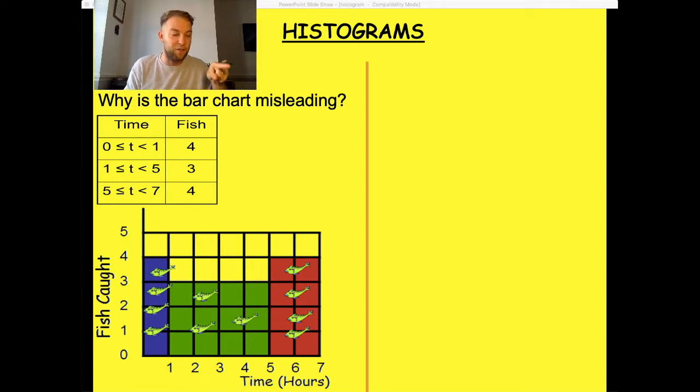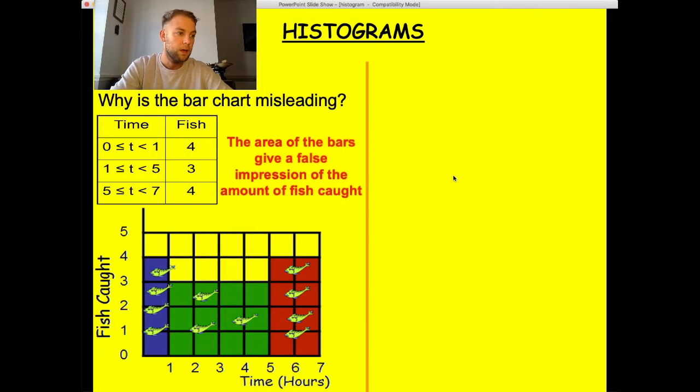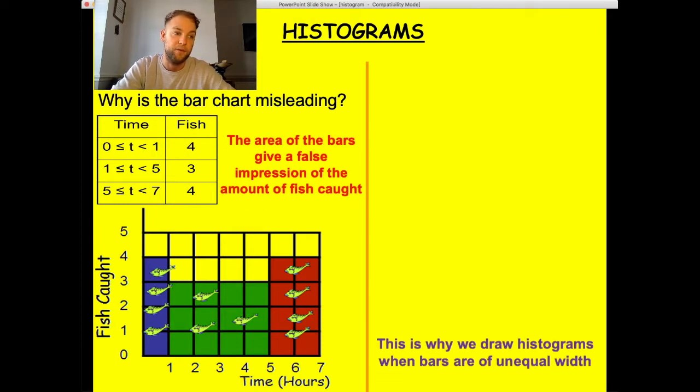And looking at that first part, which is the thinnest, we've actually caught 4 fish in that first hour, so that was the best part. It just doesn't look right, because the middle bit's the biggest, but it's actually the smallest amount of fish caught. This is one of the reasons that we use something called a histogram. The area of the bars gives a false interpretation of the amount of fish caught.